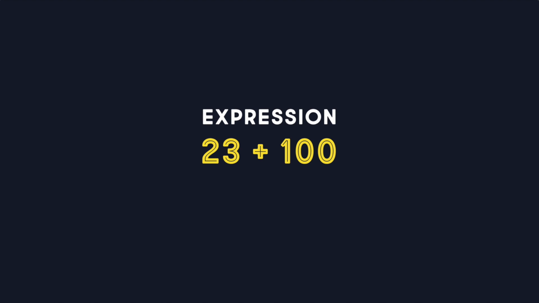Now coming back to JavaScript, instead of giving a simple number like 23, we give JavaScript something like 23 plus 100. These three entities, the number 23, the plus operator, and the number 100, when combined together, become an expression. Although 23 is a value and expression, and 100 is a value and expression, because of the operator, which indicates that some operation needs to be done, the whole thing becomes an expression.